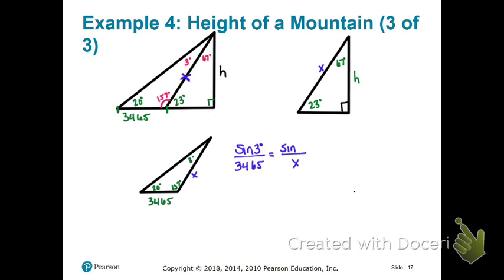Across from the x? The 20 degrees. So cross multiply and divide. And what are we getting for x? 22,644.